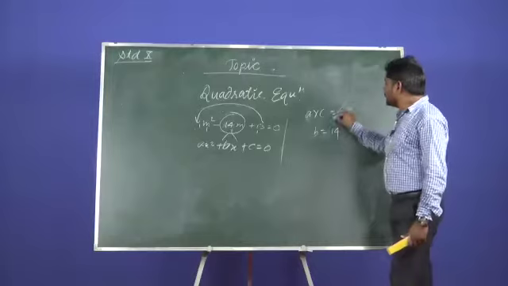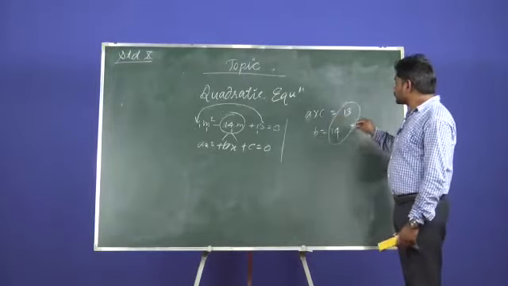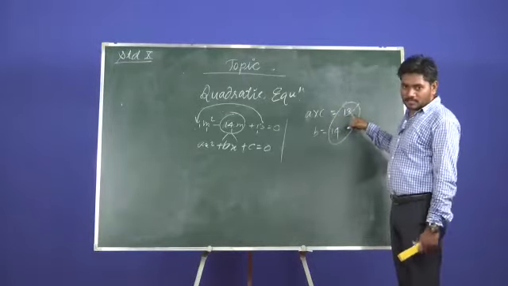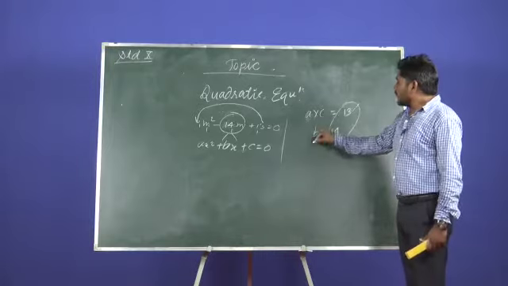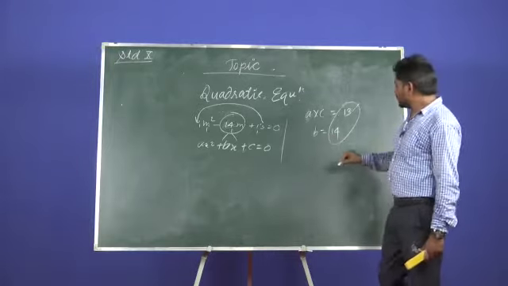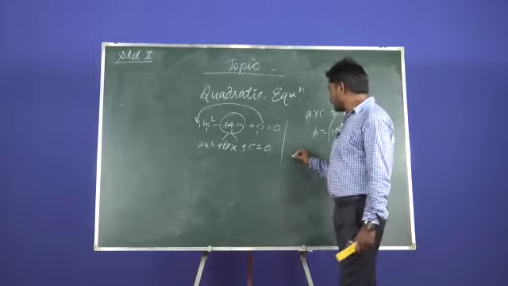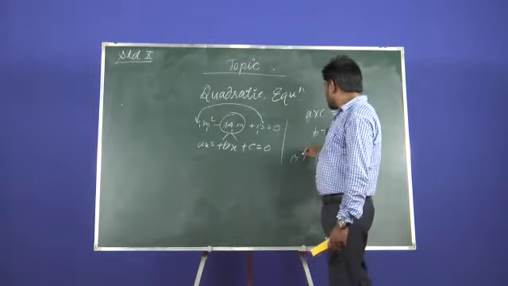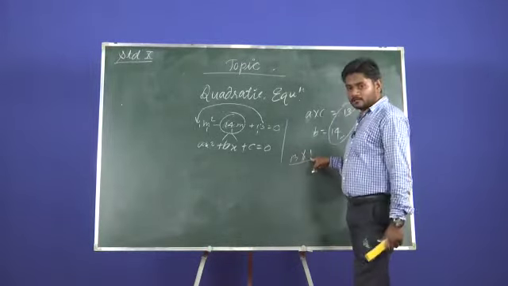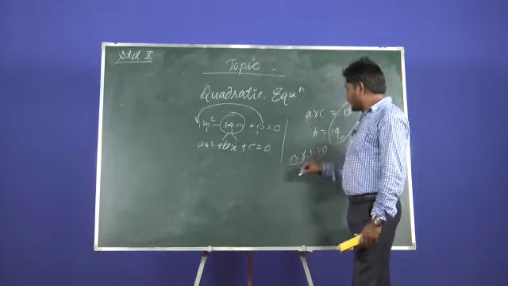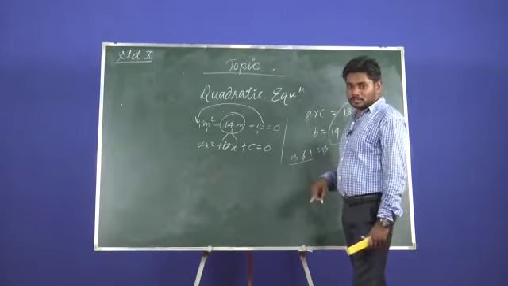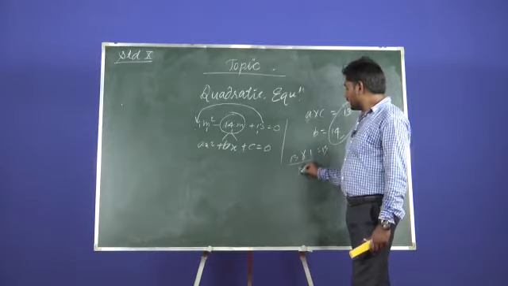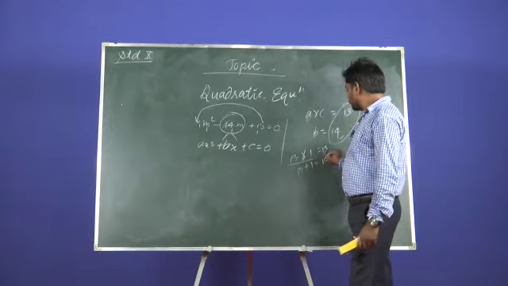So just go and find two numbers whose product is 13 and whose addition or subtraction is 14. So guys, we have two numbers, 13 and 1, because the multiplication of 13 and 1 is 13, and the addition of 13 and 1 is 14.